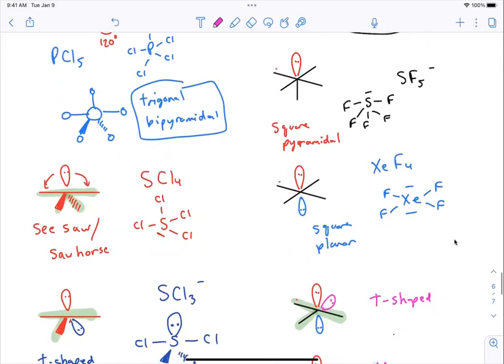You mean the shape? Trigonal bipyramidal and octahedral. So it's always the first shape in the column. That's the electronic geometry.